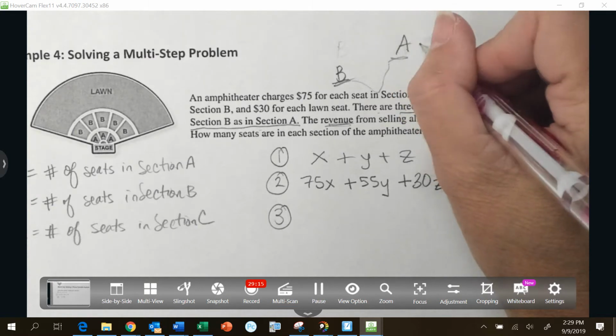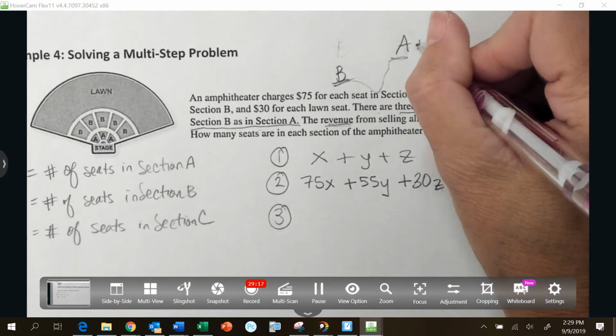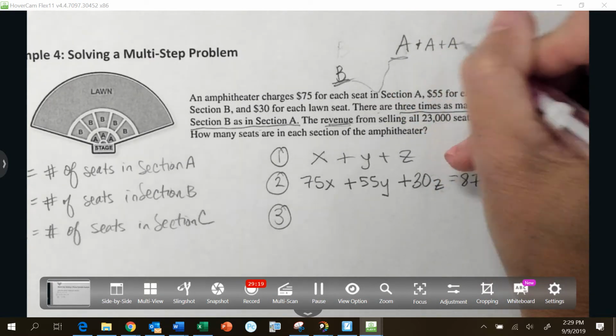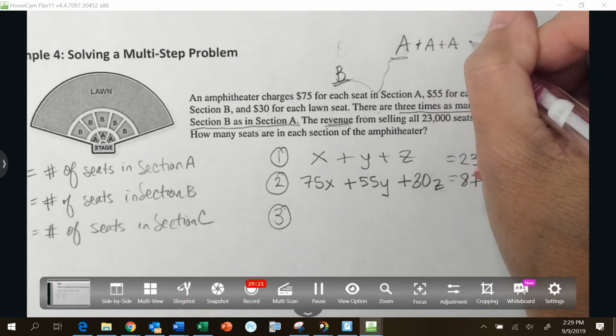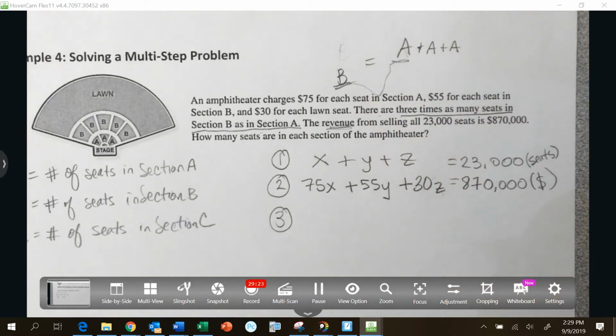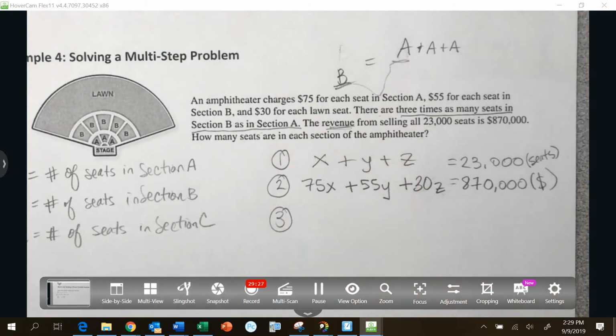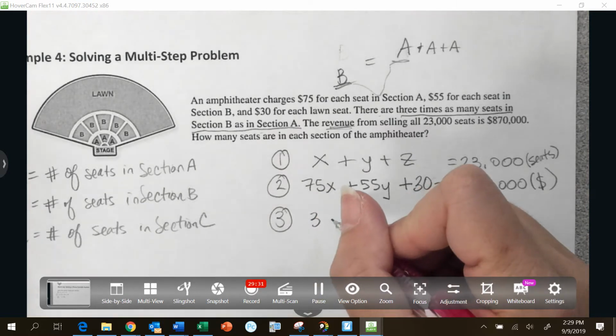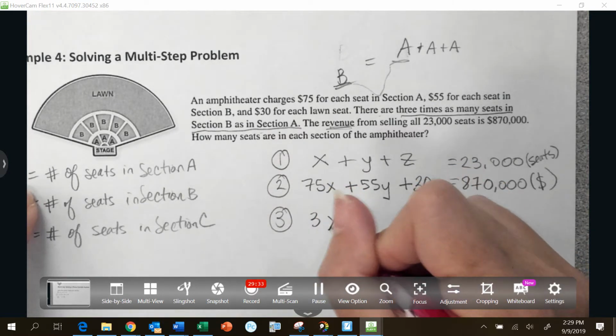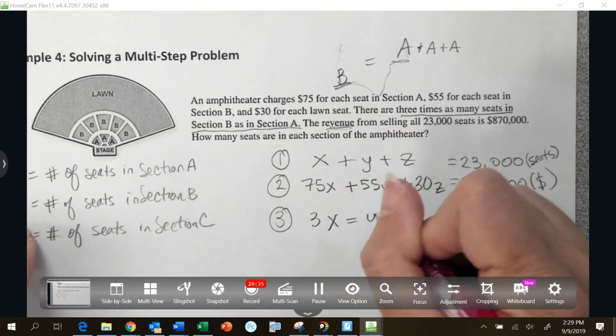If we take A and I do 3 A's, that's going to equal 1 B. B is 3 times as big, so if I do 3 A's, and A is X, then 3 X's equals 1 Y.